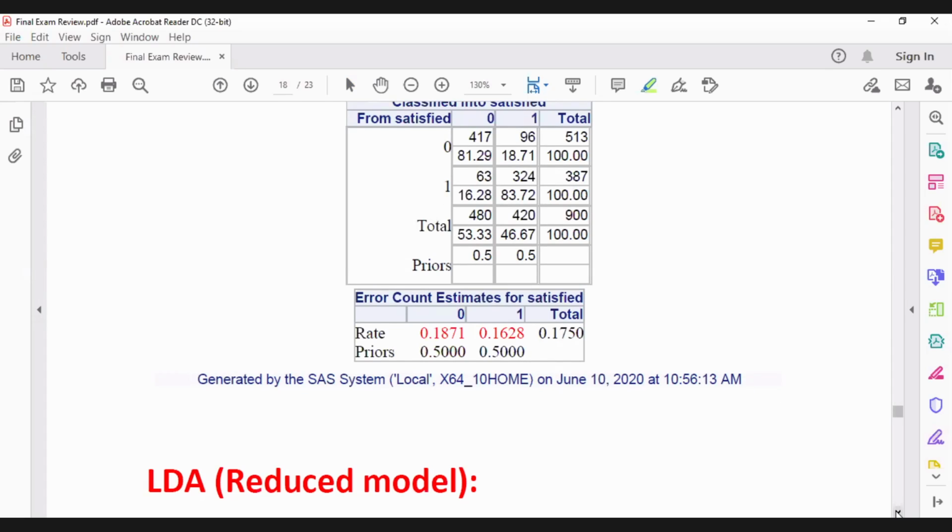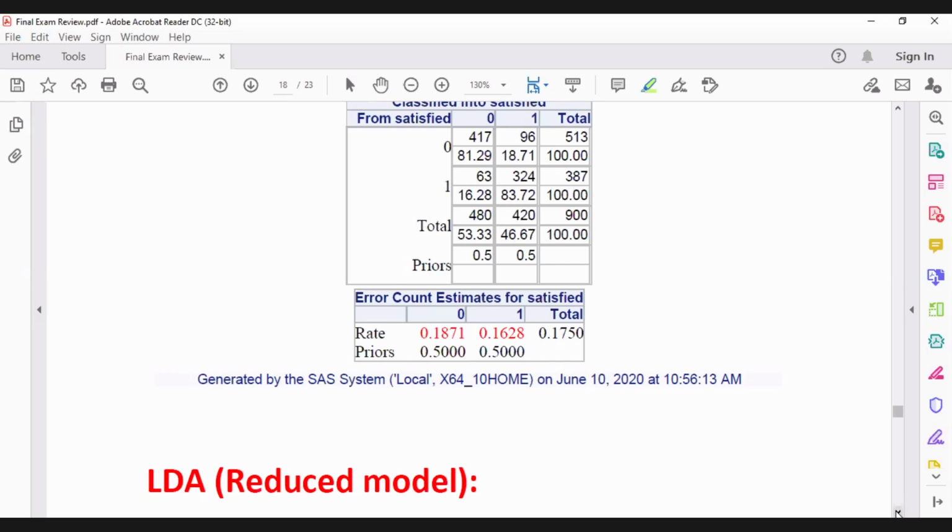If I ask you whether linear discriminant analysis is good in classifying y equal to 1 or y equal to 0, what will be your answer? Y equal to 1. Exactly.